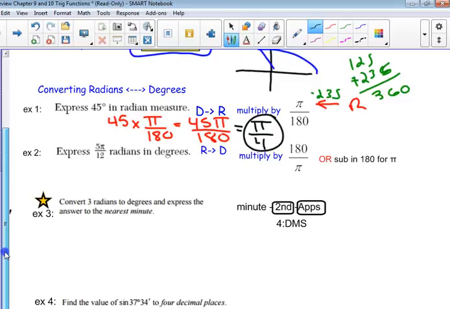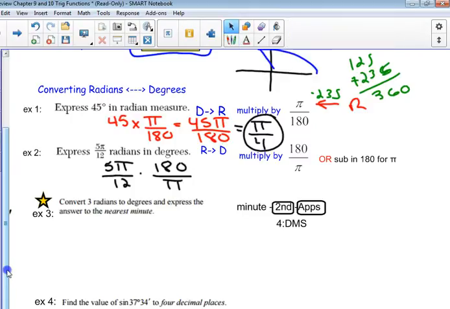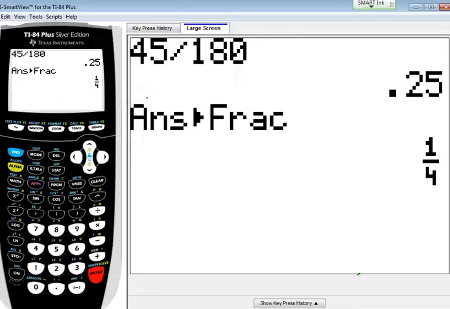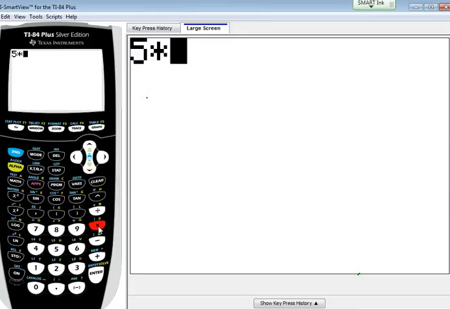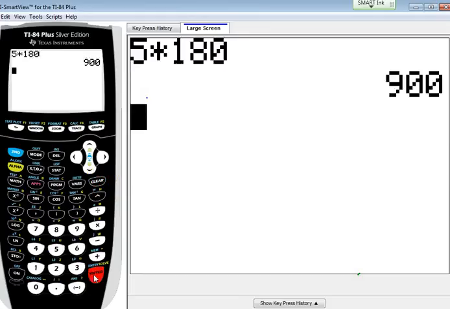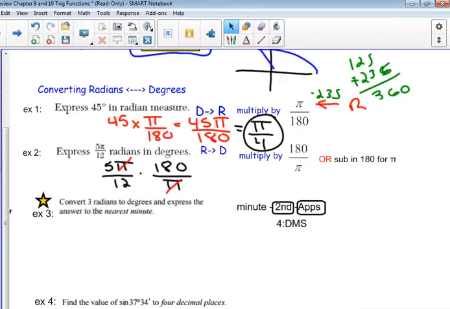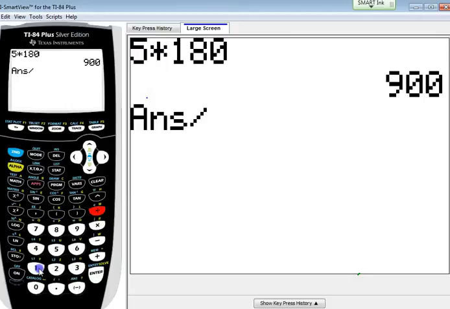If you're going from radians into degrees, the pi has to be on the bottom so it can cancel out with the other one. So times 180 over pi. When you multiply by this one, the pi's will go away. 5 times 180, and then we divide that by 12. 75.